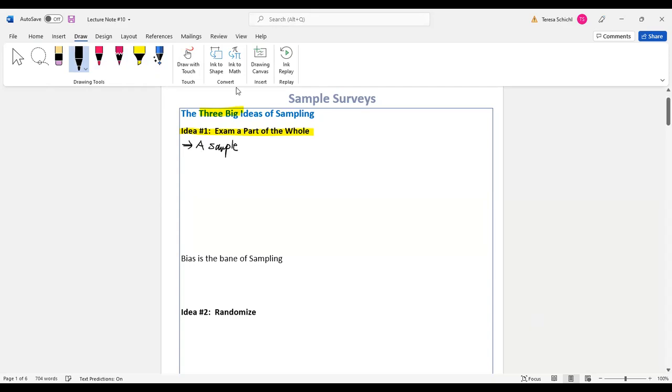A sample can give us information about the population. That's the reason why we want to do sampling.